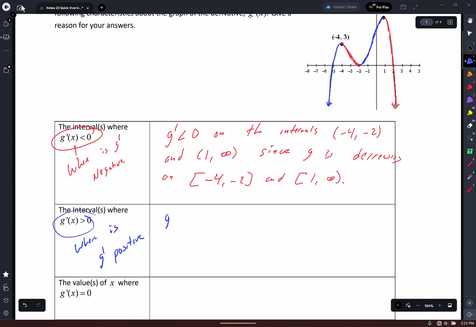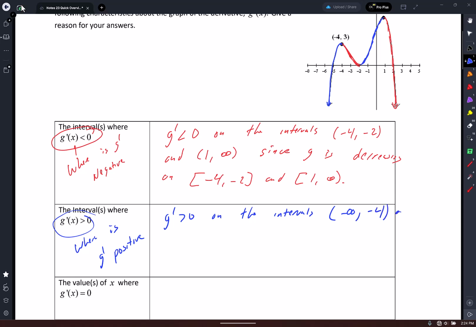So I'm going to write g prime is positive on the intervals (-infinity, -4) and (-2, 1), since g is increasing on (-infinity, -4] with a closed bracket, and [-2, 1] with a bracket.